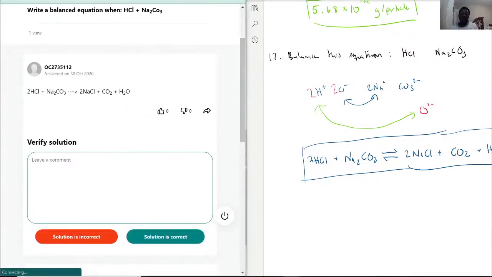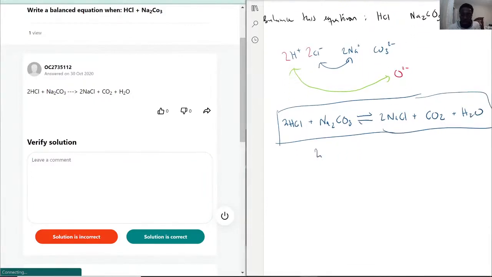And if I were to make a sheet of every atom involved, it should also match what I believe the answer is. So for example, in this case we have on the reactant side 2 hydrogen, 2 chlorine, 2 Na, and 1 CO3.